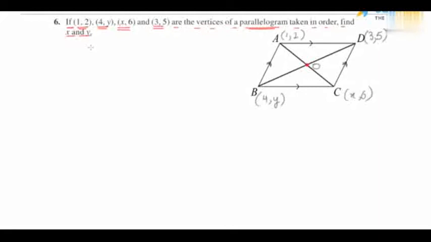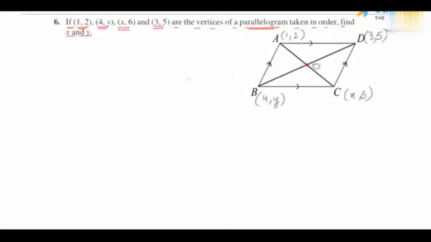The midpoint formula is a special case of the section formula. The section formula is (m1 x2 plus m2 x1) by (m1 plus m2), comma (m1 y2 plus m2 y1) by (m1 plus m2). Now when it is a midpoint, the ratio will be 1:1.